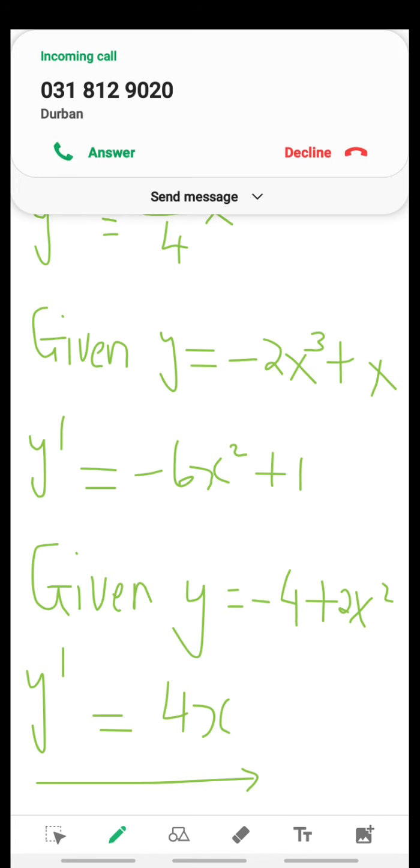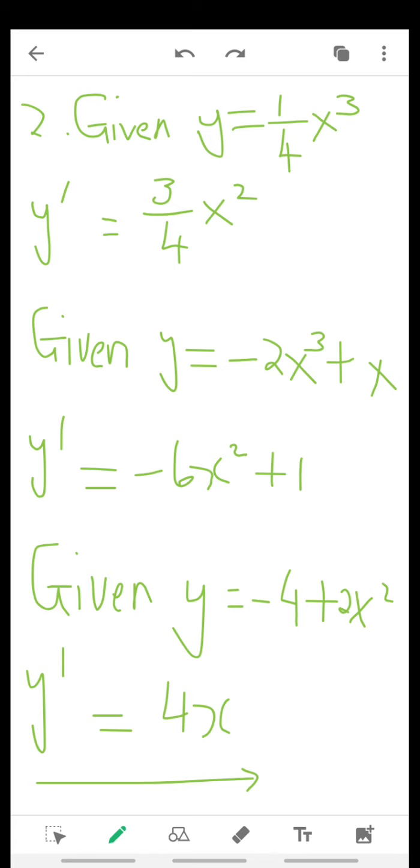And now lastly, let us look at the next sum. We have y equals minus 4 plus 2x squared. Okay, we need to find the derivative of y. So how do I find the derivative of y? Remember, first of all, the derivative of a constant, minus 4, is 0. Usually I don't write the 0, but there is a 0 there.